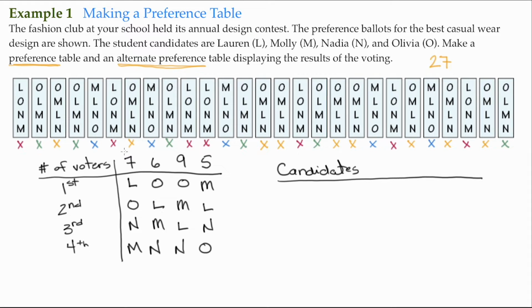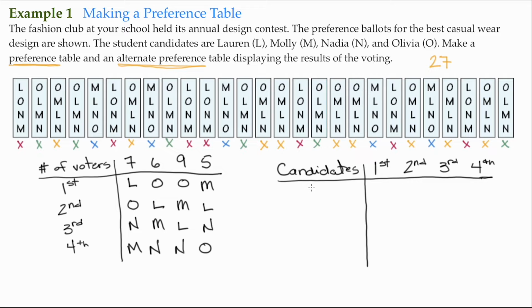And then what we're going to have here is, rather than have the number of voters here, we're going to have the first choice, the second, the third, and the fourth. It displays the same information. It just shows it a little bit differently.